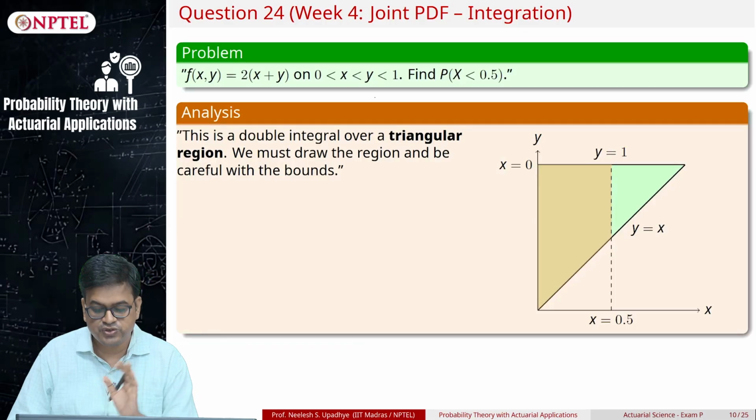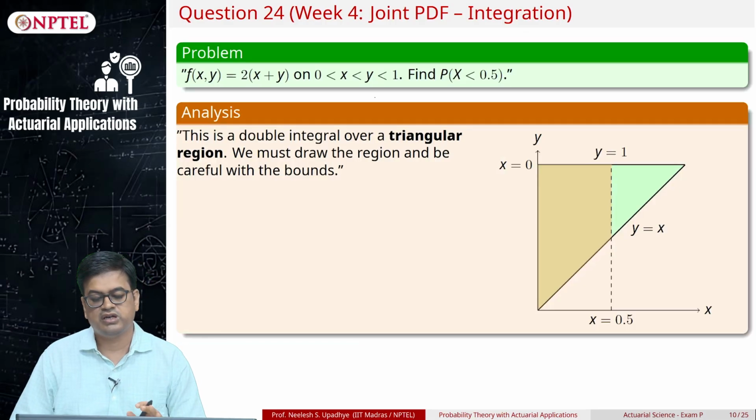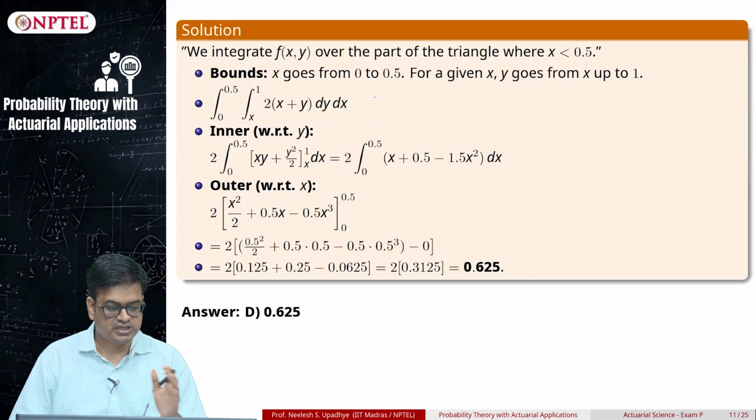First you have to visualize the zone. Once you understand the zone where the PDF is active, then you can easily solve the problem. And to solve the problem, you have to essentially know integration in a fast forward manner. A thorough knowledge of integration is required. Other than that, nothing else is there.